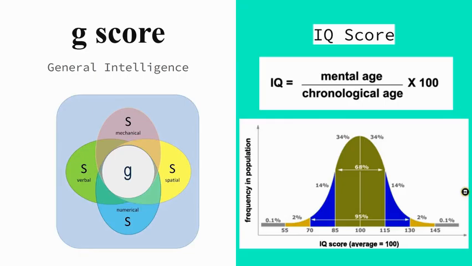The idea of this is that when they first created intelligence tests, they found that there was a strong correlation among skills of individuals. So if you are good in a single trait, we often find that you are good in other traits.